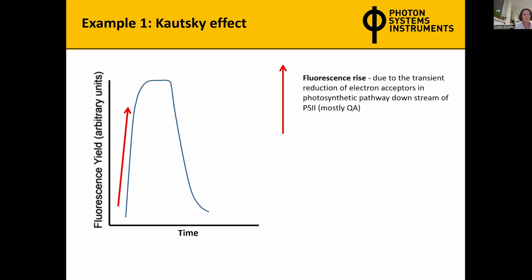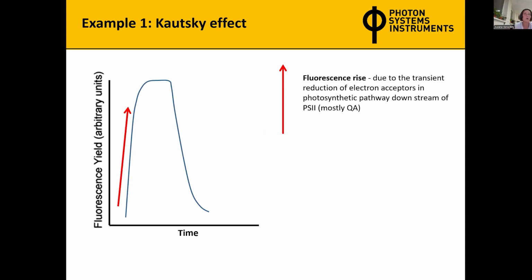What happens there? During the initial increase, fluorescence rises simply because the photosynthetic apparatus is not working and the Calvin cycle is not working. It takes some time. And this increase is typically quite fast. It's in the range of seconds, 1 second, 2 seconds to reach the peak value.